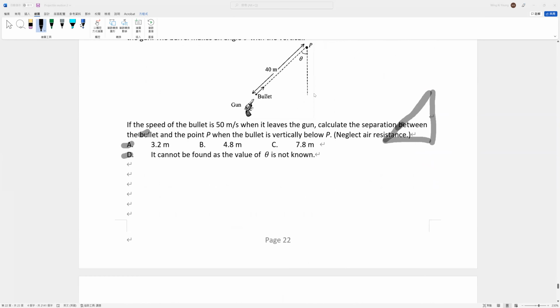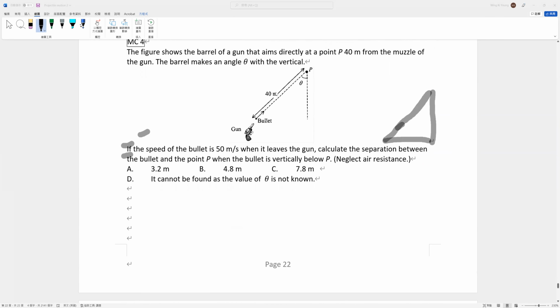Now question MC number 4 is another variation of the monkey and hunter experiment. The gun fires a bullet. The bullet leaves the gun at a speed of 50 meters per second.